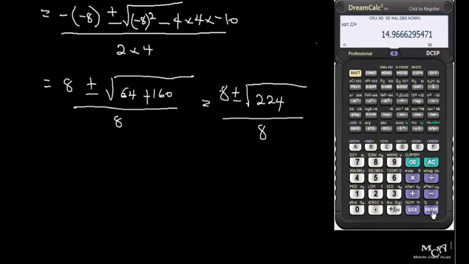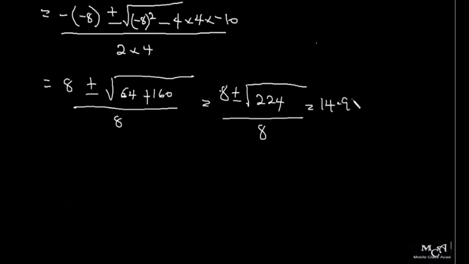So what is the square root of 224? That is 14.97. So from here we have 8 plus or minus 14.97 all over 8.